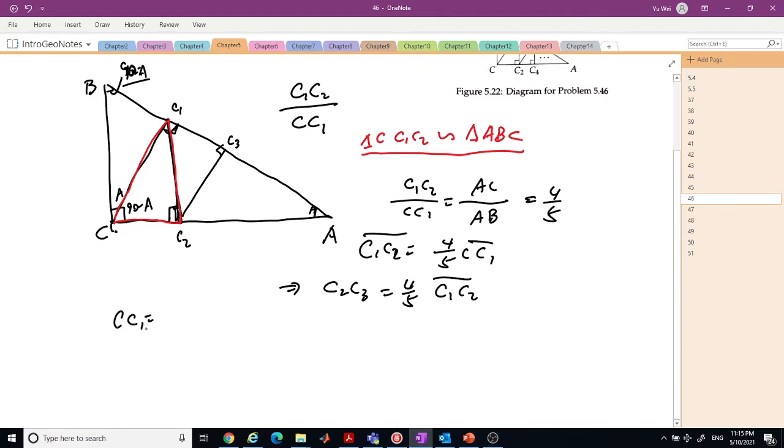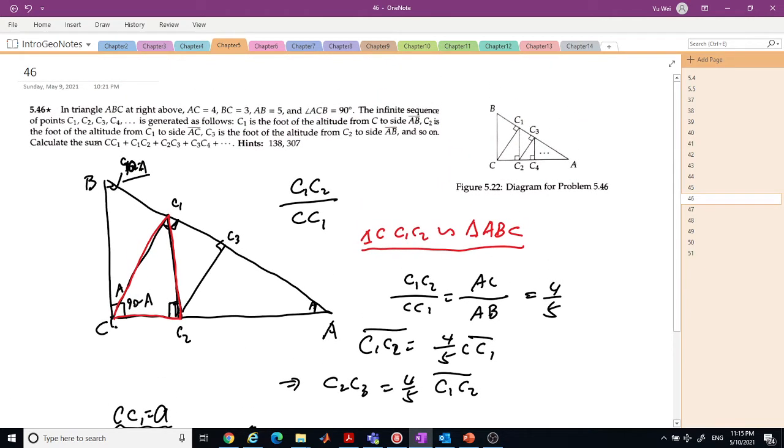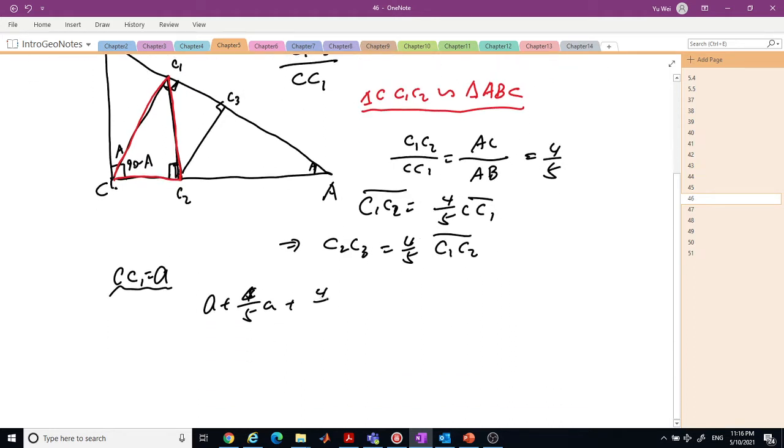Let's see, what's CC1? Okay, let's say CC1 equals A. Then we have A plus 4 over 5A, plus 4 over 5 squared A, and so on and so forth. Let's say this sum is T. Then 4 over 5T is equal to 4 over 5A plus 4 over 5 squared A plus forever.